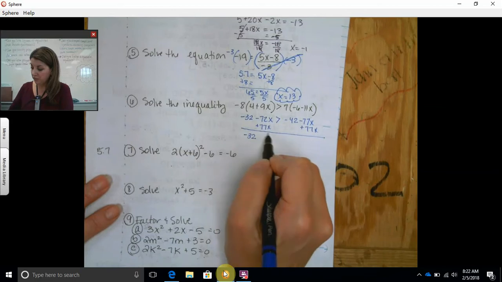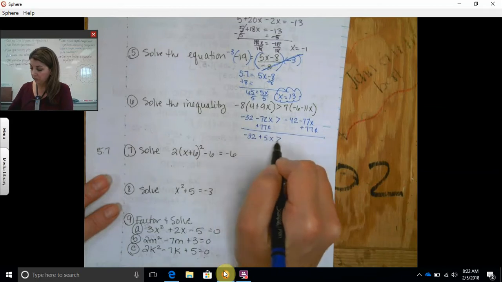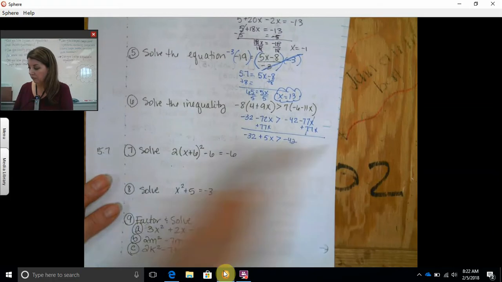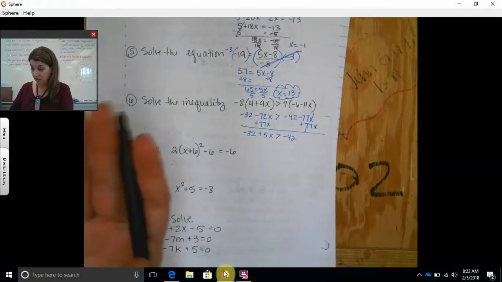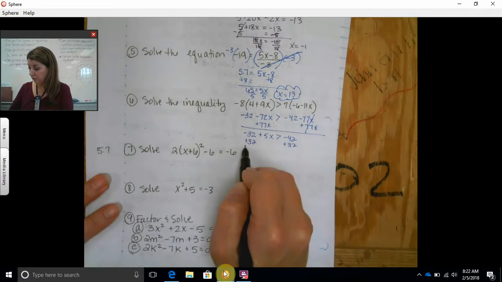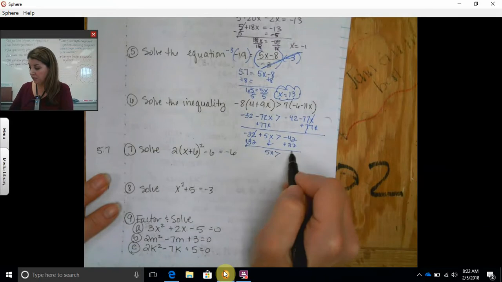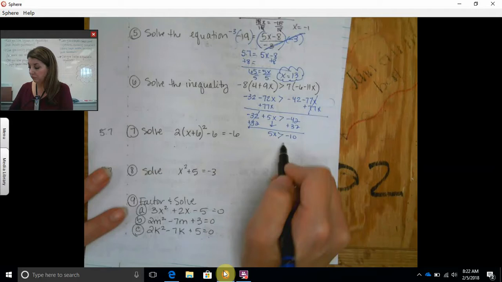What's negative 72x plus 77x? And then add 32. Negative 32 plus 32 is 0. Bring down 5x is greater than negative 42 plus 32 is negative 10.